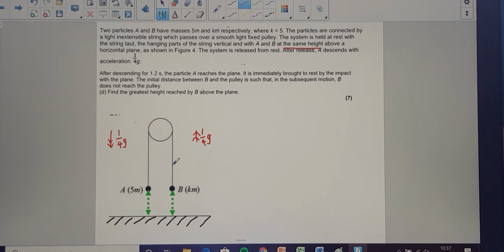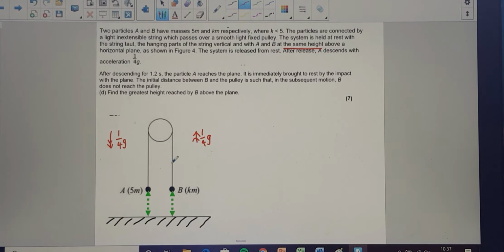Then the last bit is the tricky bit, which we have discussed before. So that will be the initial height, whatever that is, then it will move up that height again, and then it will act freely under gravity. So the momentum of that particle will mean that it moves freely under gravity, and the greatest height that it reaches will be the greatest height reached by B above the plane.